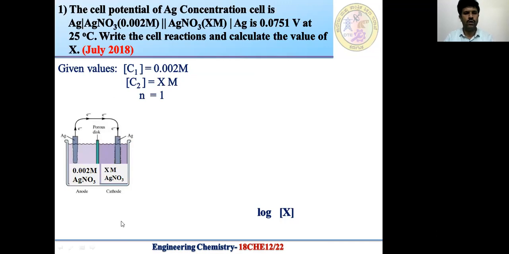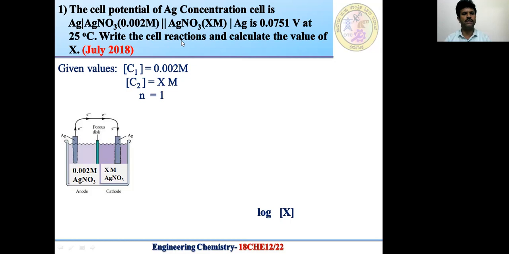So let's go through some numerical problems on concentration cells. Problem number 1. The cell potential of a silver concentration cell, that is Ag | AgNO3 of concentration 0.002 molar || salt bridge || AgNO3 of X molar | Ag, is 0.0751 volt at 25 degrees Celsius.